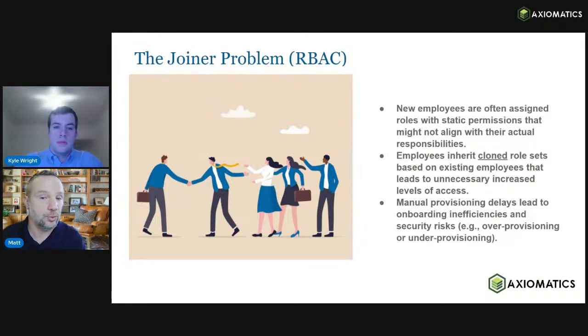They are based in the US. Their security clearance is level 1. All of the different attributes that make up who they are typically end up getting added as roles. But these roles are often just simply cloned from that master user. And what ends up happening is that the person who comes on board is typically inheriting more access than what they actually need in order to do their job.